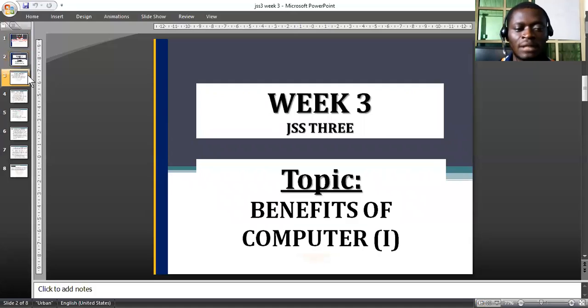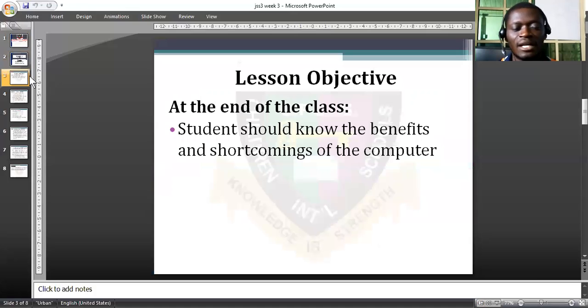Our lesson objective for this tutorial class: at the end of this lesson, the student should know the benefits and the shortcomings of the computer.